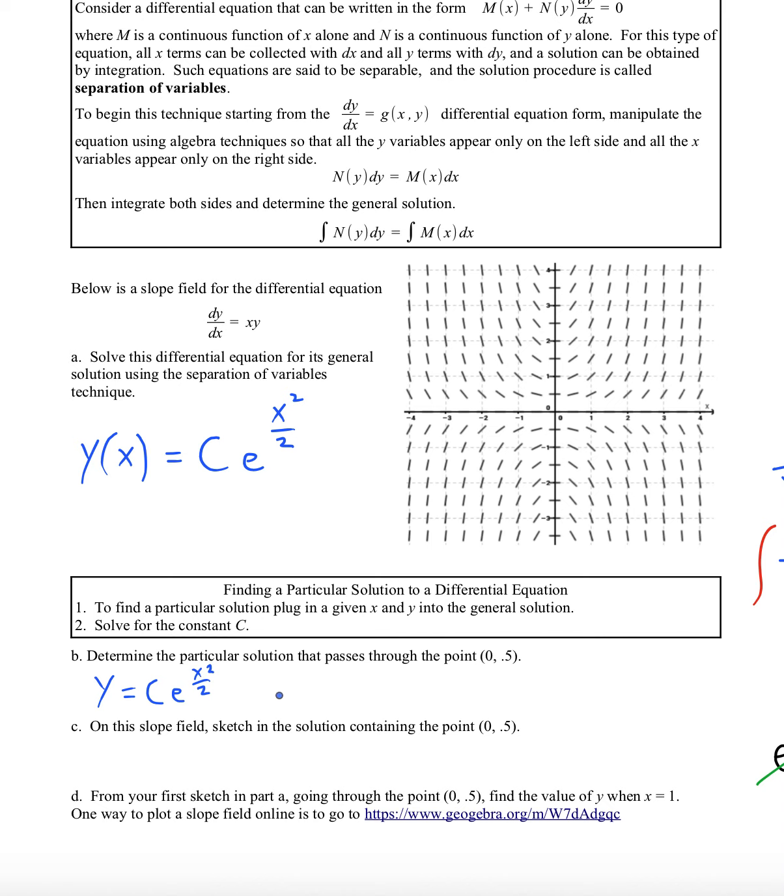So let your y be 0.5, and let your x be 0. So clearly here, c is 0.5. That means that the particular solution is going to be y equals 0.5 e to the x squared over 2.